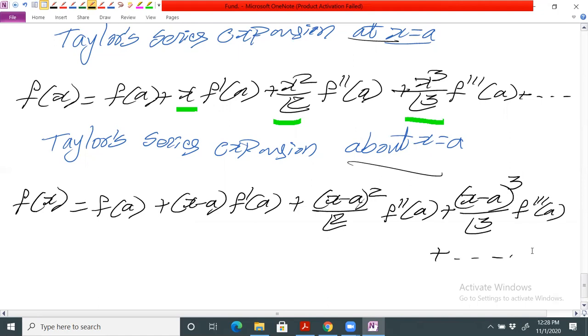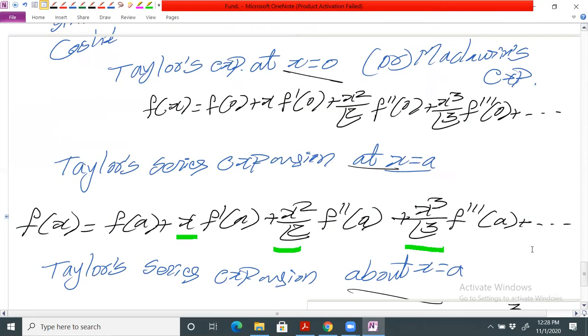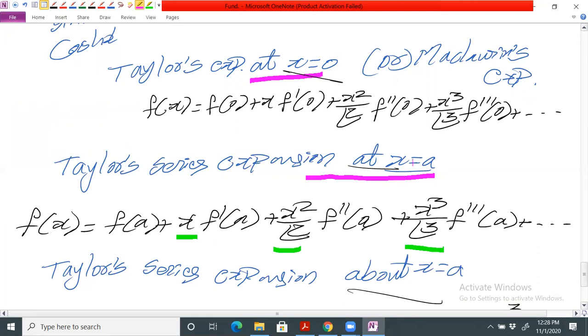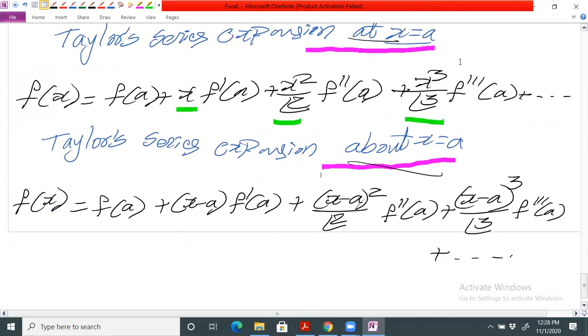So these are the three formulas. Please remember carefully. One formula, Taylor series expansion at x equals to 0. Another formula, Taylor series expansion at x equals to a. And another formula about x equals to a. Whenever at x equals to 0 or x equals to a, the expansion will be in powers of x. But whenever about x equals to a, we'll get it in powers of x minus a. The process will be the same as our previous one.